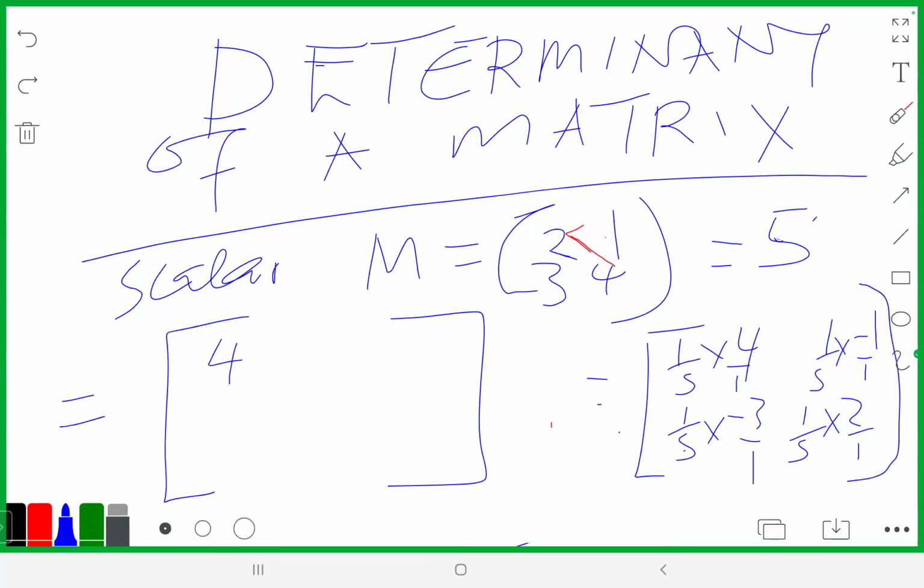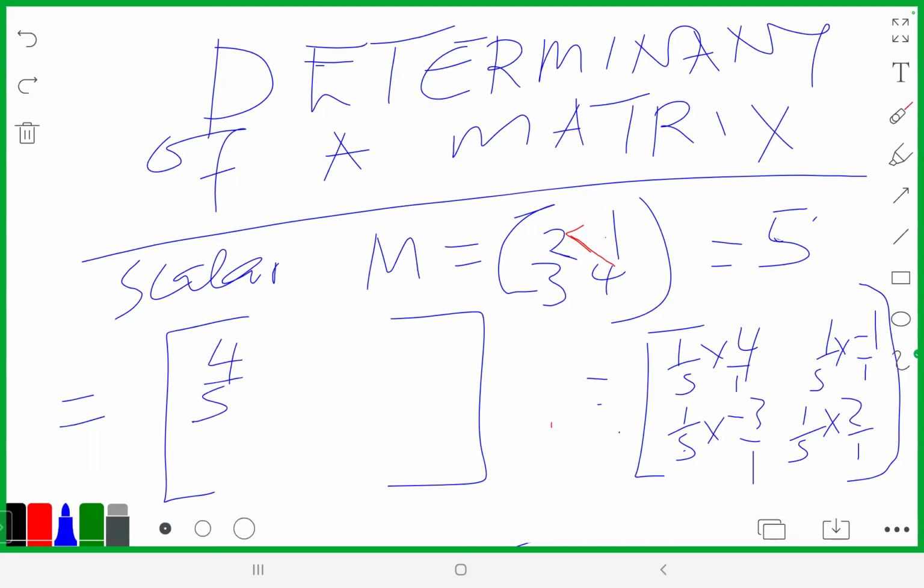Remember, this is a fraction, so you multiply numerator by numerator and denominator by denominator. The numerator is the number on top and the denominator is the one down, if you remember the basics of fractions. So 1 times 4 is 4, over 5 times 1, which is 5, right?